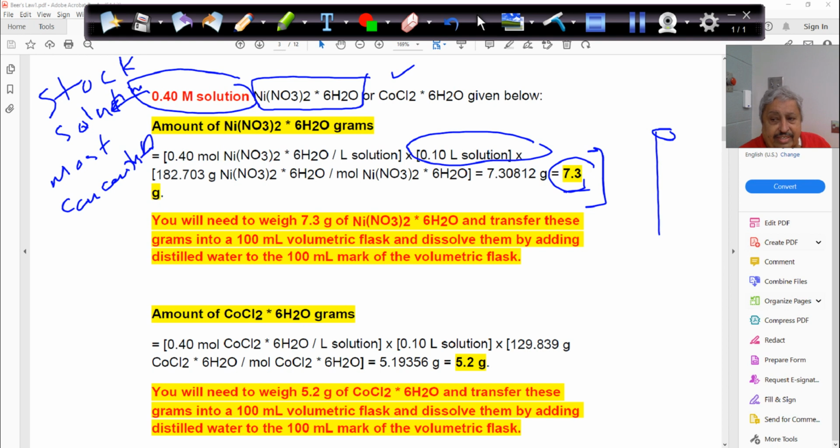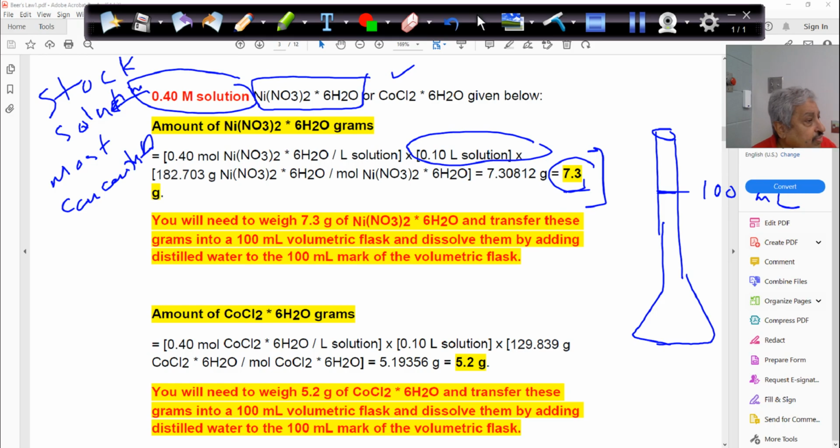You will have your volumetric flask here. By now you know the volumetric flask. It has a marker line, which tells you this is 100 mL. You put 7.3 grams at the bottom. Don't fill it up to 100 yet. Add a little H2O at a time to make sure everything is dissolved. Then, when everything is dissolved, you can fill it up to 100.